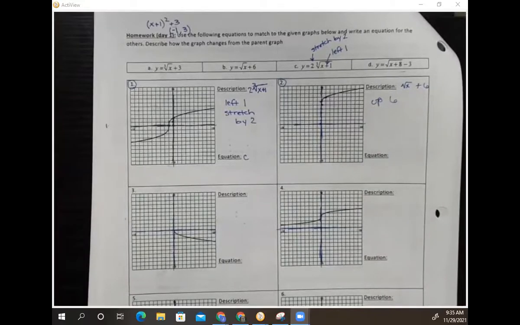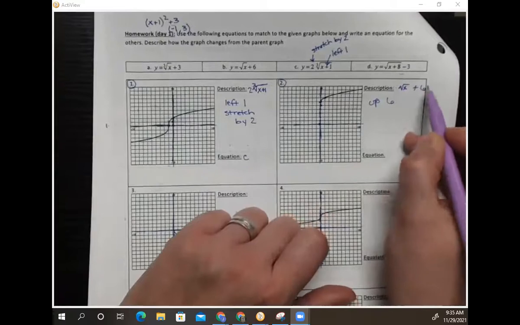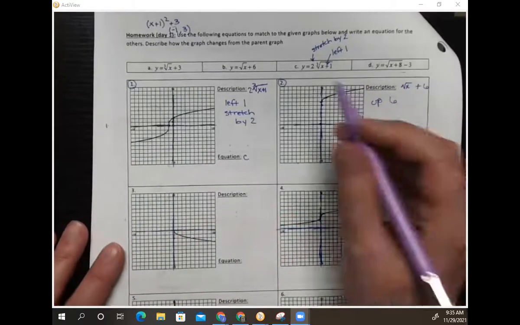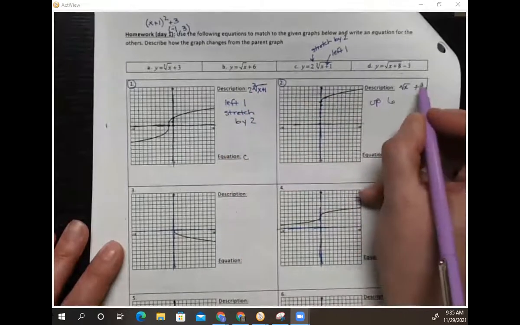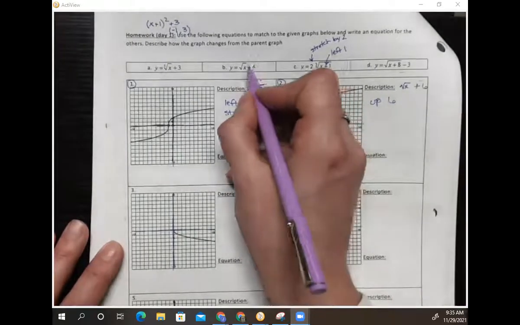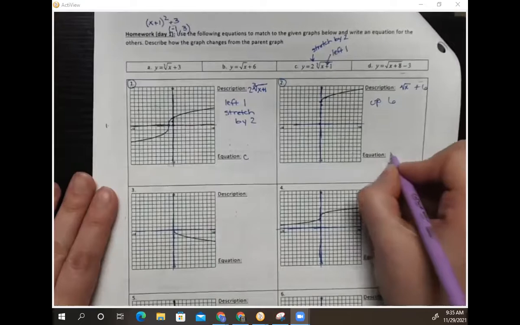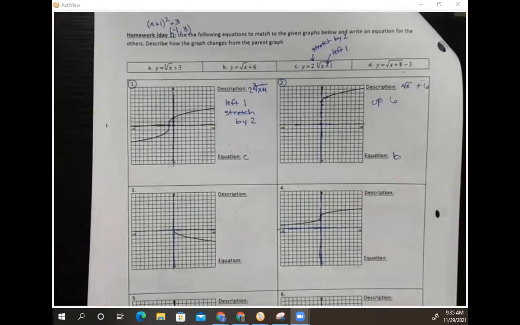It is, so that means I didn't stretch or compress this. So I'm looking for this as a function for my options up at the top. Do I have that? B. Yep. Notice this is outside the root, right? Outside the root. If it were under the root, that would tell me to move left 6. So I have to be very careful as I'm looking at my functions. So this is actually equation B.